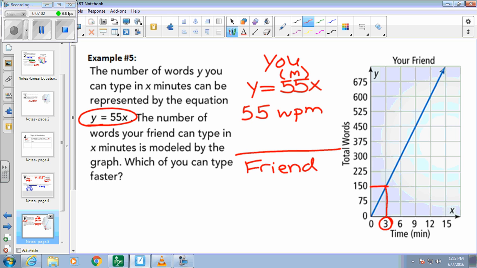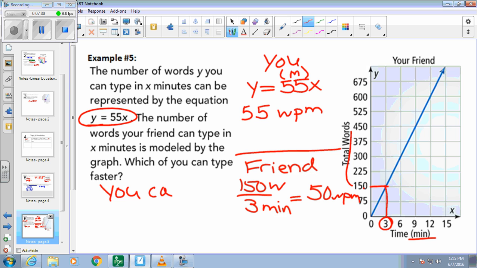Well, if it's 150 words in 3 minutes, I can reduce this and divide it down to 150 words per 3 minutes to now become 50 words per minute. So the question's asking, who can type faster? Well, if I can type 55 words per minute, I can type more words per minute, so you can, not the friend. Go ahead to number 6. Try that one out. Pause the video.